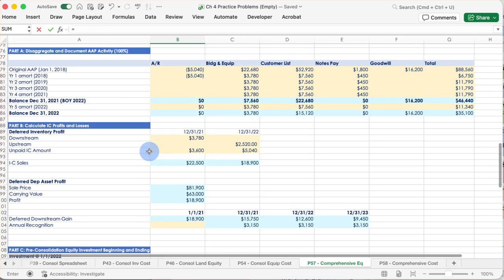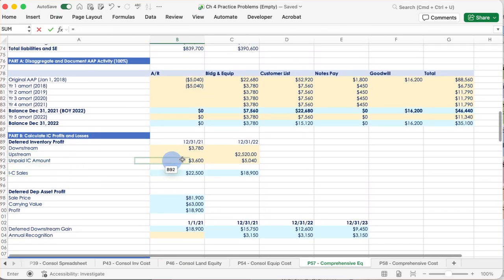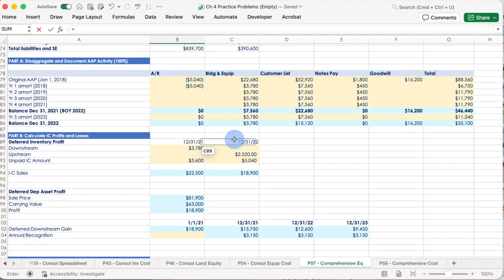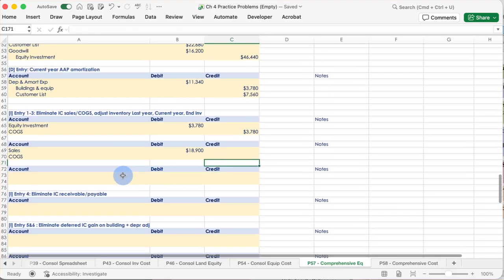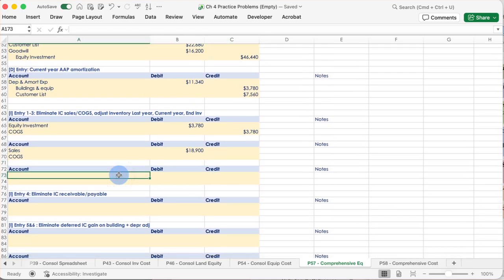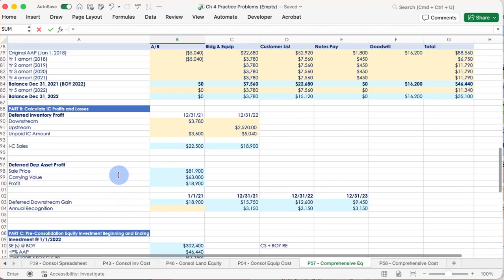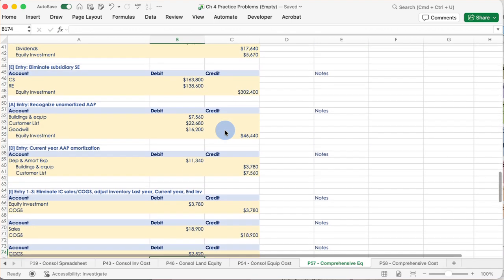And this is going to be, got to double check since I flopped our years, the 2022, so 18,900. And then finally, we'll do this current year amount. So we'll do COGS, inventory, and go grab that 2,520.